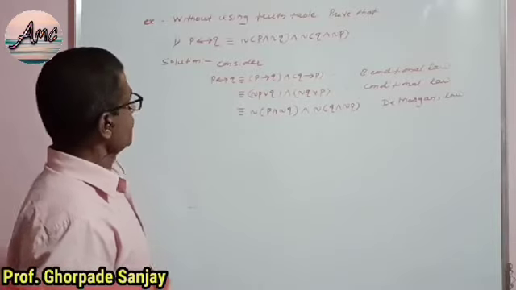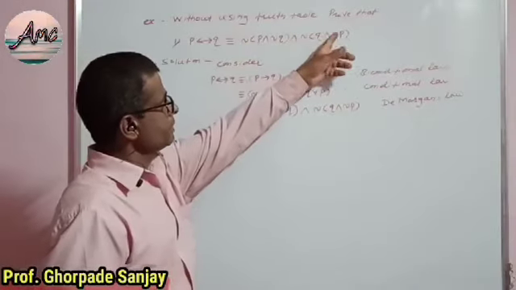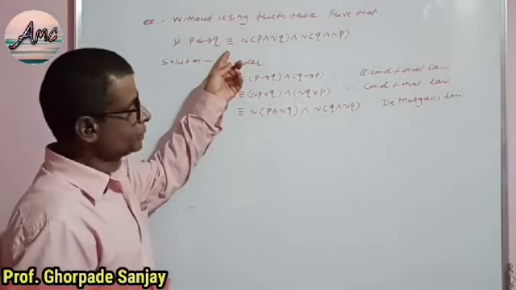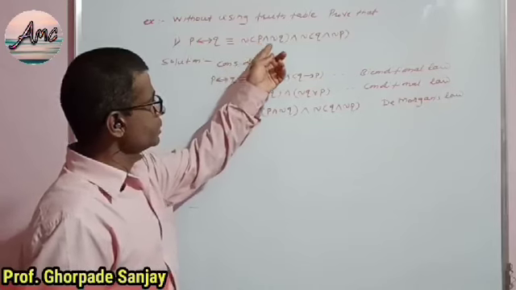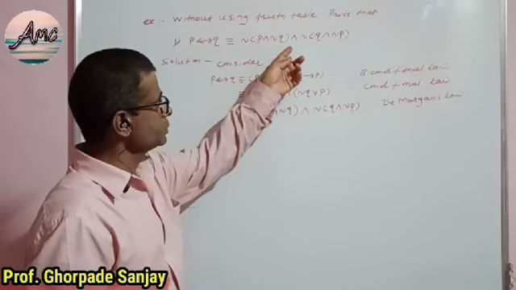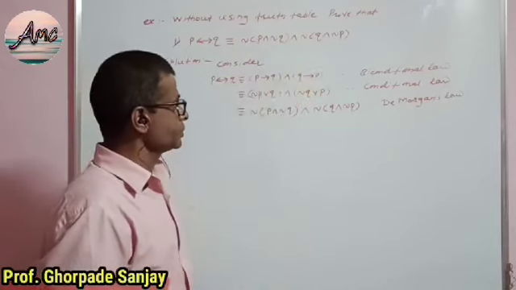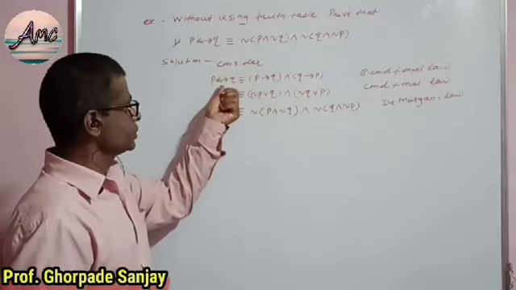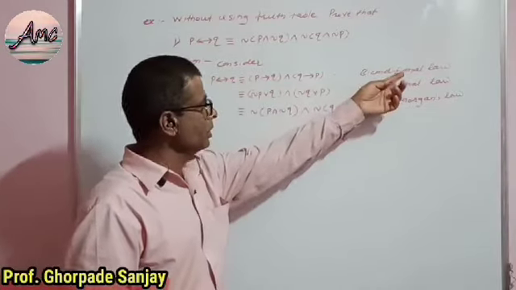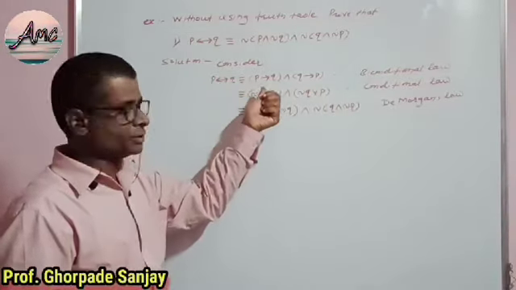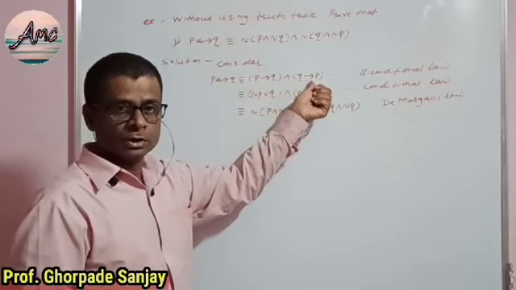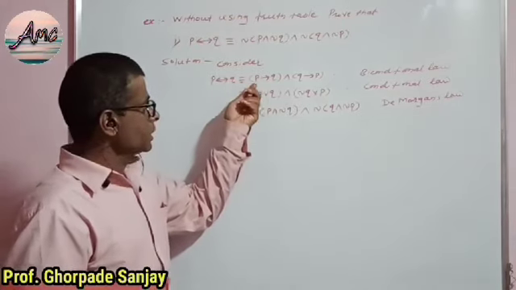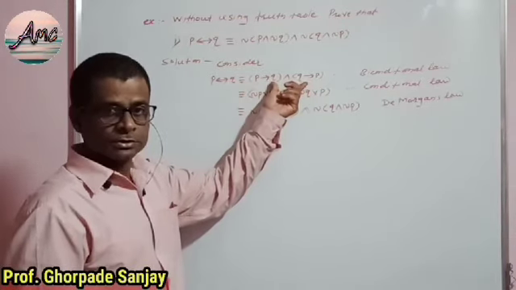The question is like this: without using truth table, prove that P biconditional Q is logically equivalent to negation of P conjunction negation of Q, conjunction negation of Q conjunction negation of P. So let us consider its left hand side, that is P biconditional Q. So by biconditional law, this can be written as P conditional Q conjunction Q conditional P. Then we use the conditional law for these two statements.